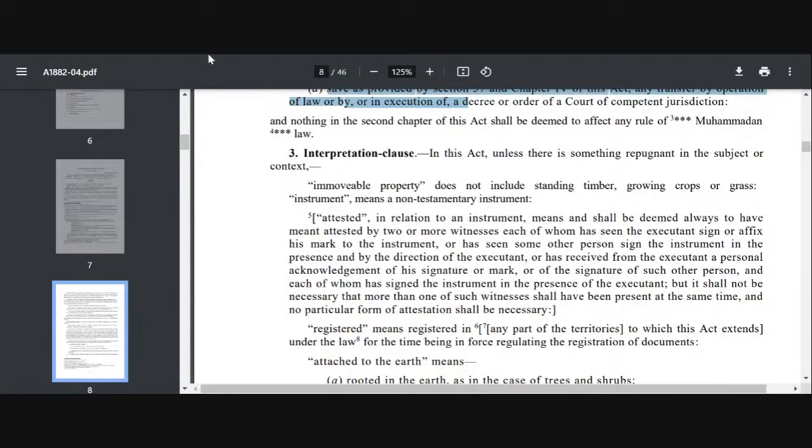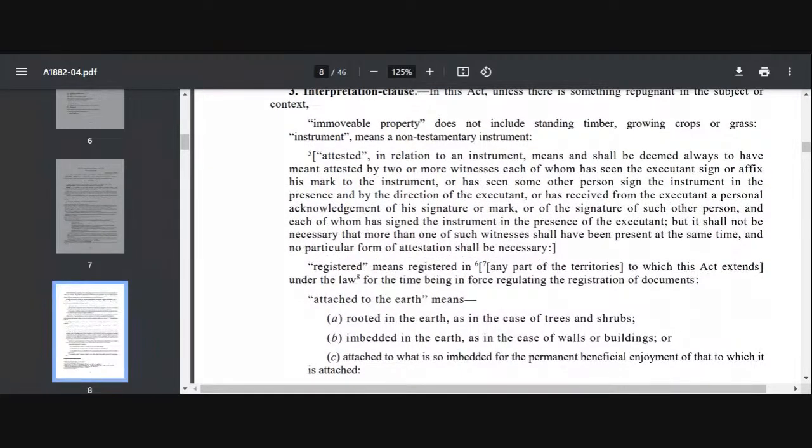Interpretation clause. A very important section of the TP Act is the interpretation clause, where you will find the meaning of many things. The first thing is relating to immovable property.